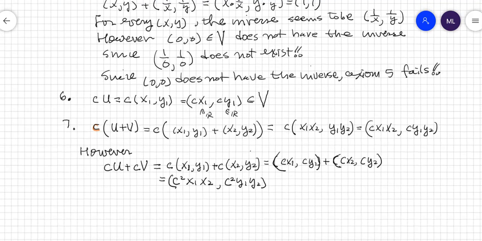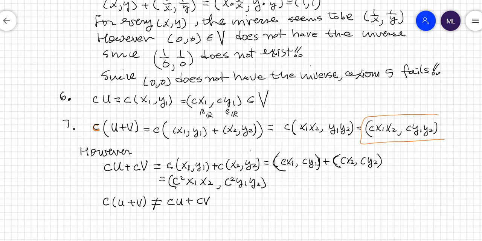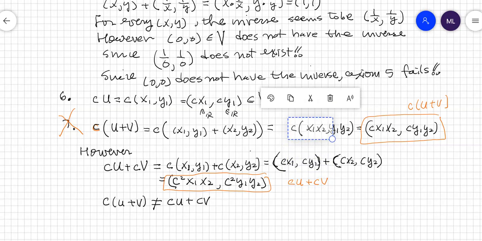So we know that c(u plus v) is not the same as cu plus cv, because this is c squared, this is c. So axiom 7 fails. So far we have 5 fails and 7 fails.